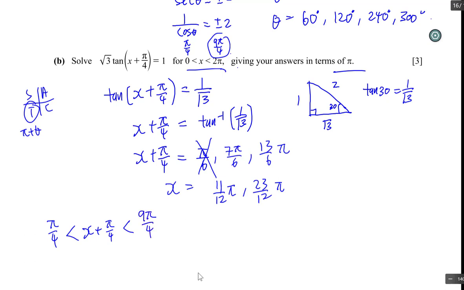But because pi over 6 is smaller than pi over 4, this angle is not in the range. So therefore, I need to take it out. And why I realize I didn't take it out is wrong is because just now I actually used pi over 6 minus pi over 4, and then I got a negative angle. I shouldn't get negative because my angle must start from 0. So this is the reason why you erase the first one. So you have these two answers, and which is 3 marks.